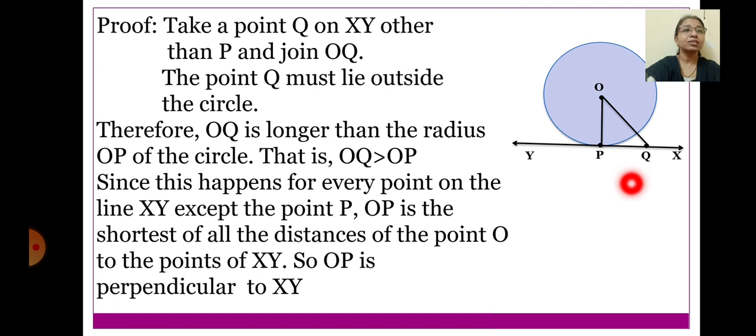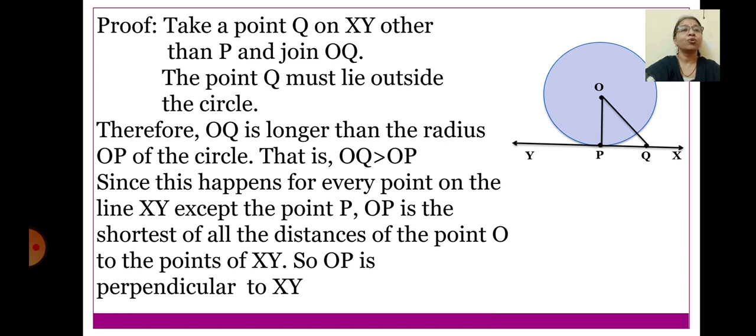We have also discussed that all those points whose distance from the center of the circle is greater than the radius lie in the exterior of the circle. So that is why this point Q must lie outside the circle.